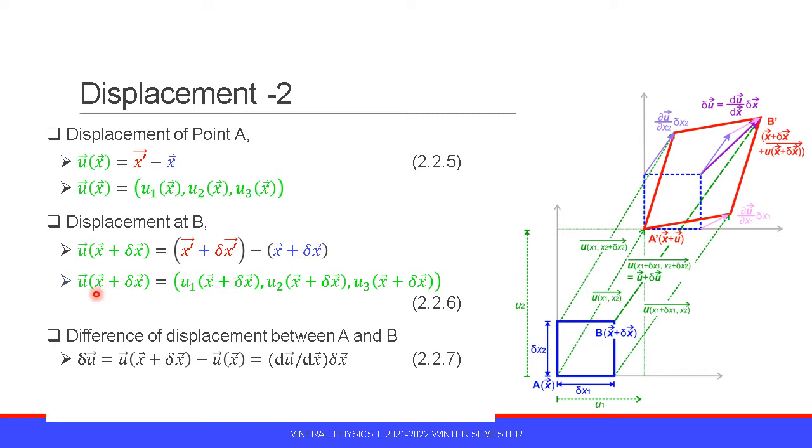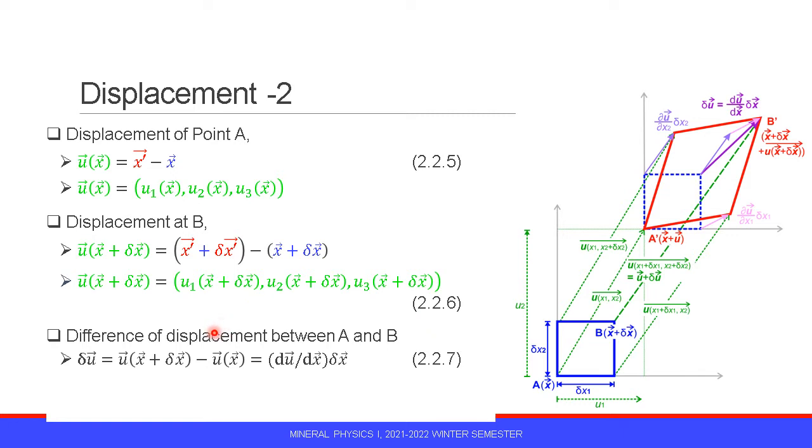The displacement vector u at vector x plus vector delta x is also expressed using components u sub 1, u sub 2, u sub 3, which are functions of position vector x plus delta vector x.